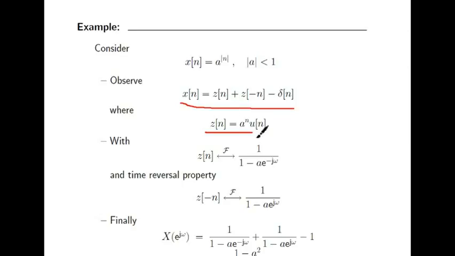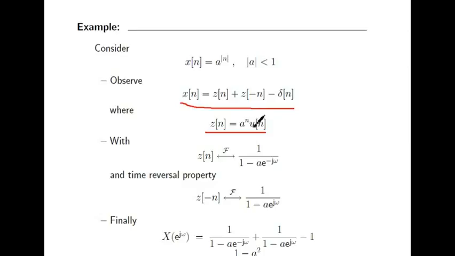I can rewrite the equation in this manner because z of n is a to the power n u of n, which shows us that it is a unit step function having value a to the power n as n goes from 0 to infinity, and for z of minus n, it will be a to the power minus n u of minus n, which will go from 0 to minus infinity.